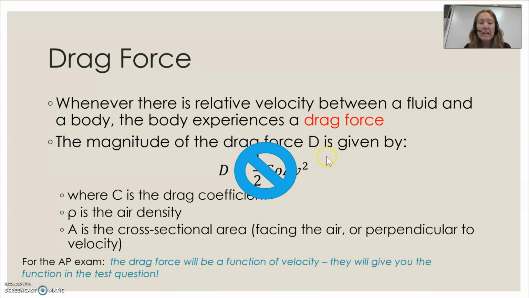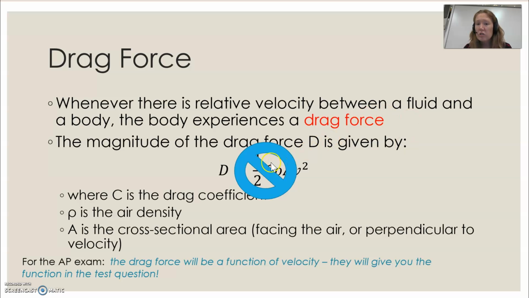The reason is that on the AP exam, in any question they ask about drag force, they are going to give you the dependence of the force on the velocity. They're just going to give you the function right in the test question.